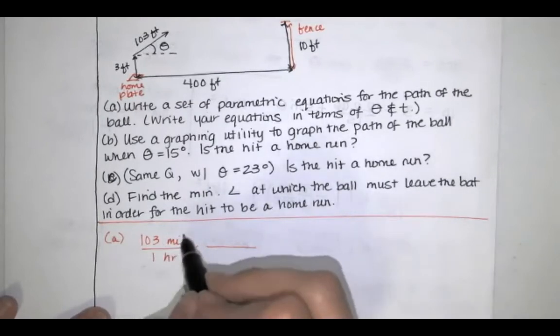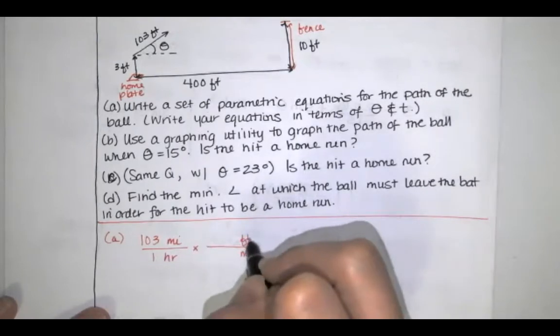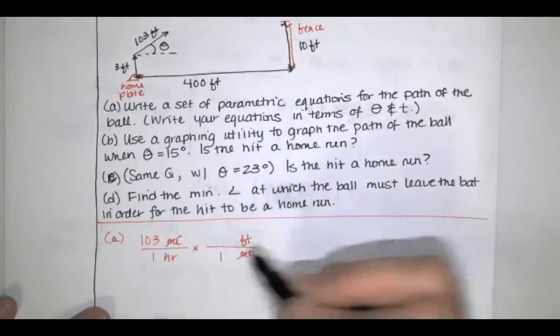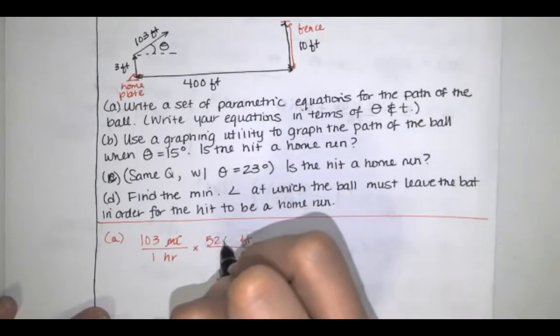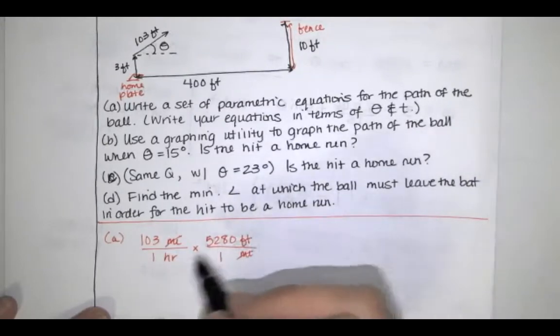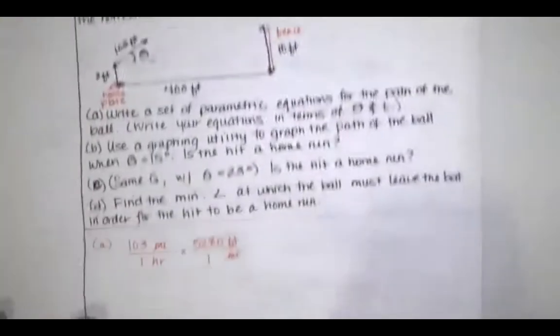So if I'm trying to get out of miles and into feet, I'll put miles in the denominator and feet over here. That way the miles cancel. Well, it turns out that in 1 mile, there are 5,280 feet. If we multiply straight across now, we're going to get some number of feet per hour. That's not what we want, feet per second.